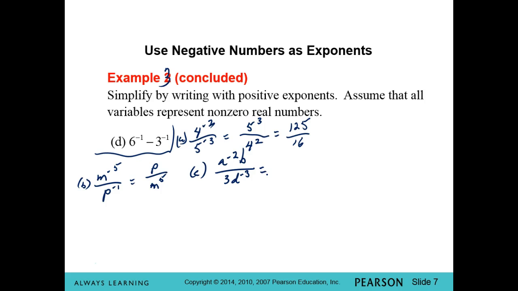What in the world would that be now? The b is in this problem, the 4 was not. What would it be?